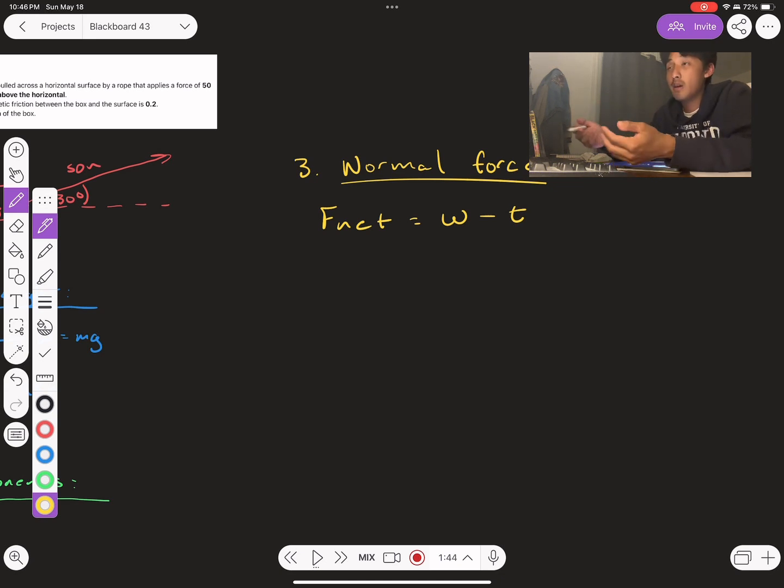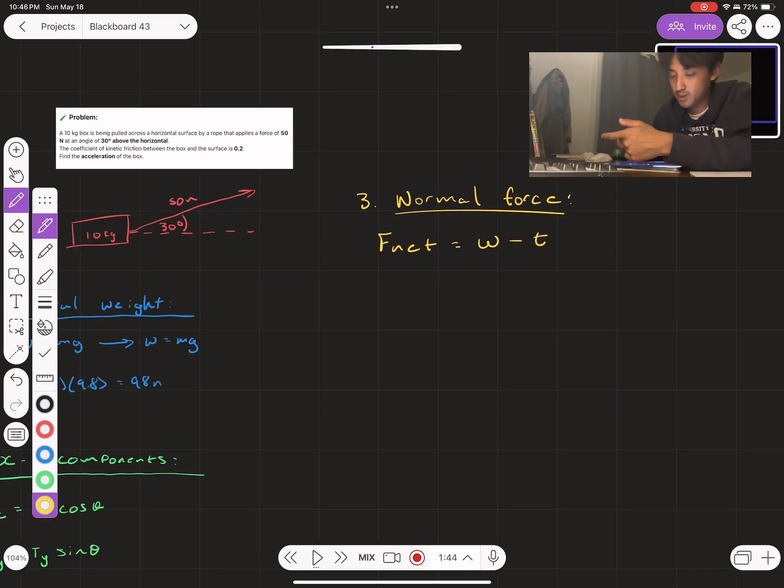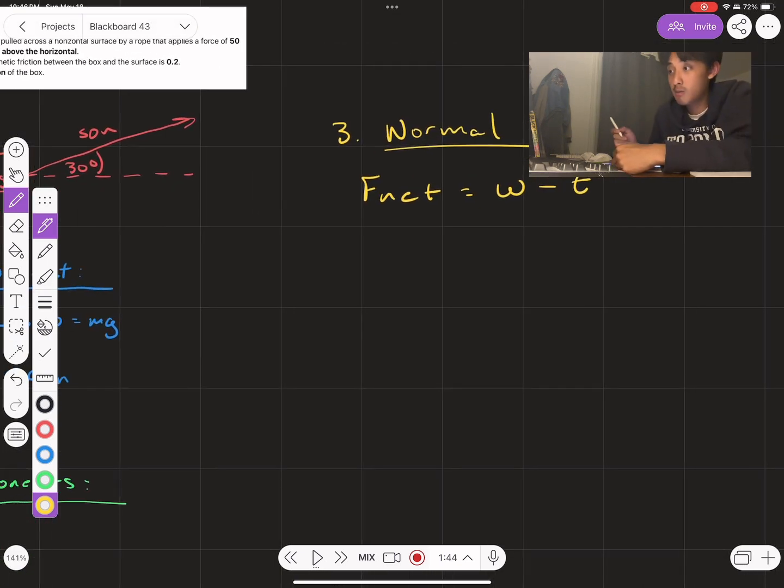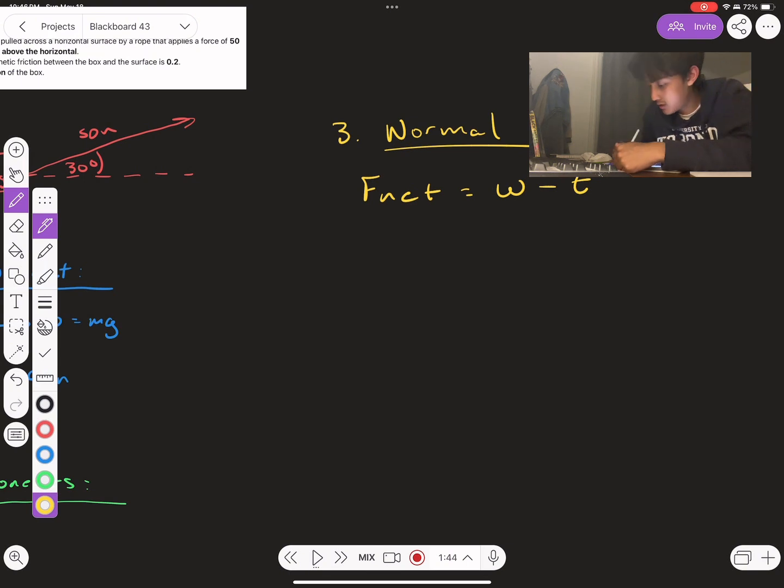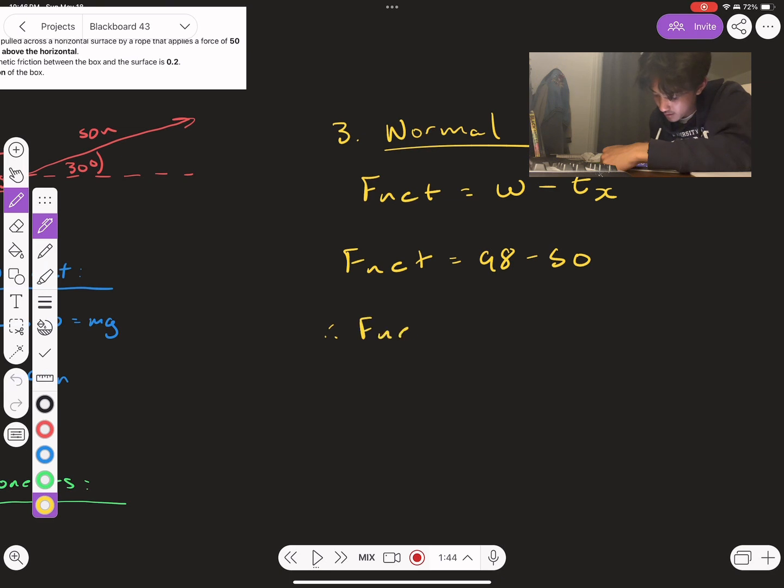It's basically the weight subtracted by the tension. In this case, we already have our total weight, which is 98, and the tension, well, Ty, which is 25. So F net is equal to 98 minus 25. Therefore, F net is equal to 73 newtons.